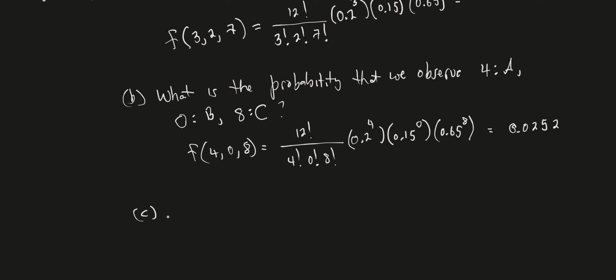Now again, just to show you that the binomial is a special case of the multinomial, what if we wanted this probability? What is the probability of at most one person from category A?